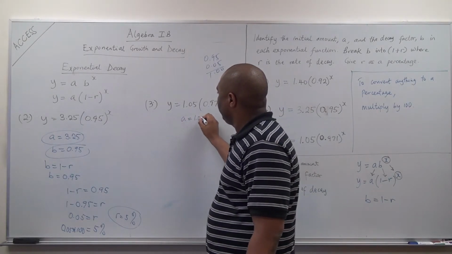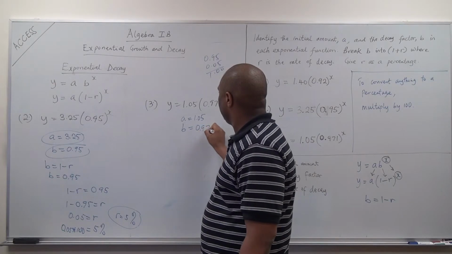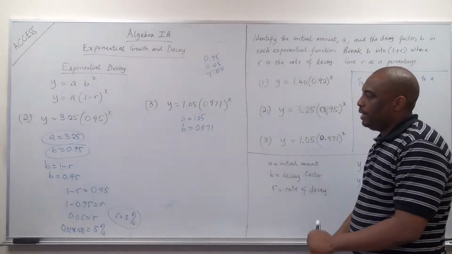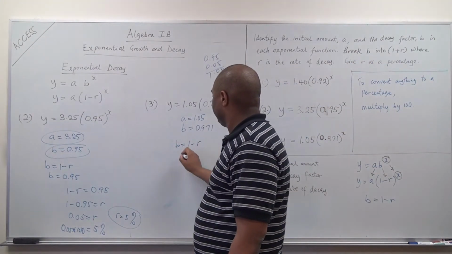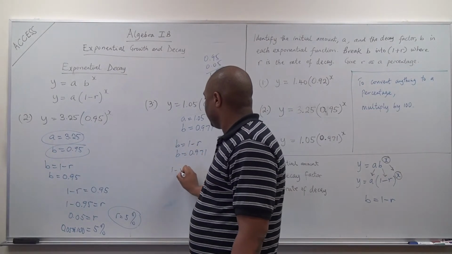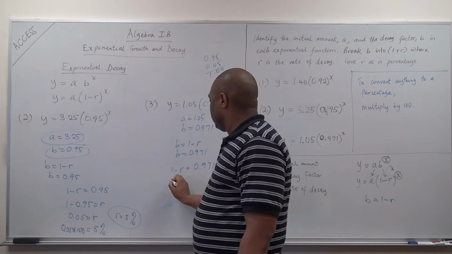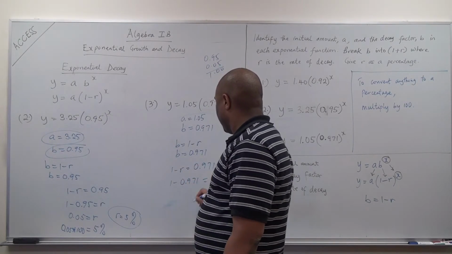Our A is 1.05, our B is 0.971. Now let's go ahead and find our rate of decay. Our B is equal to 1 minus R. B is 0.971, so 1 minus R is equal to 0.971. So 1 minus 0.971 is equal to R.